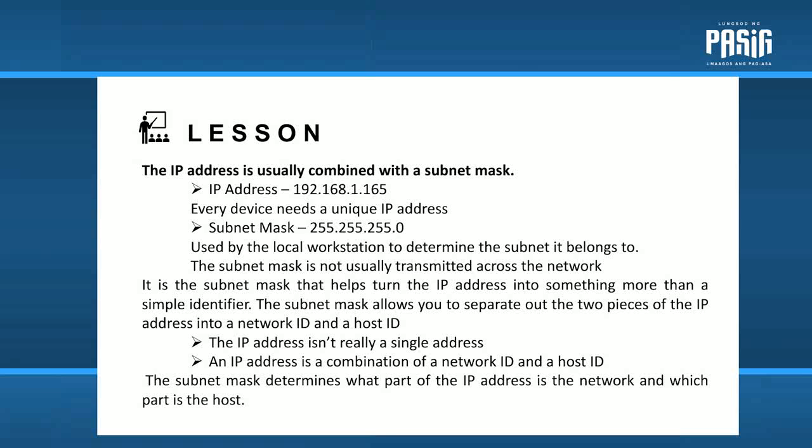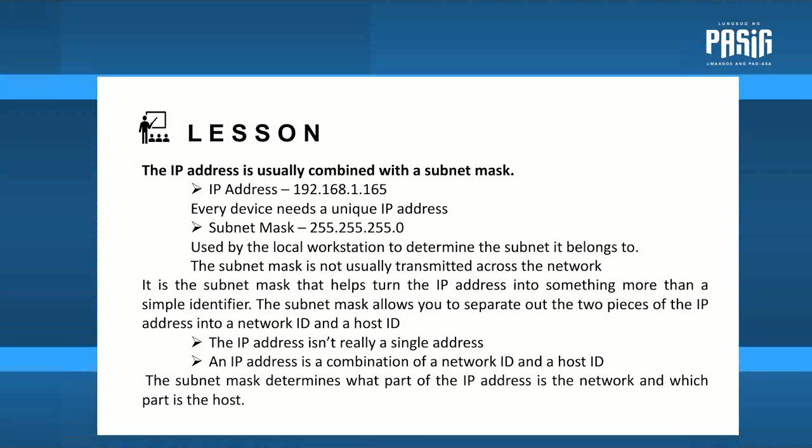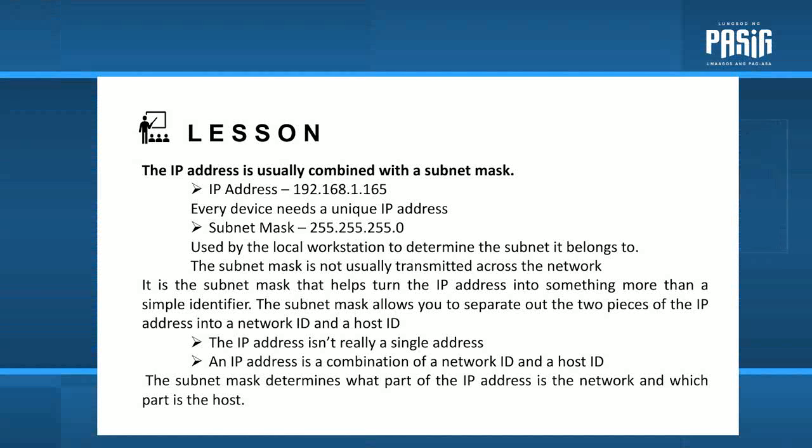The subnet mask is not usually transmitted across the network. It is the subnet mask that helps turn the IP address into something more than a simple identifier. The subnet mask determines what part of the IP address is the network and which part is the host.